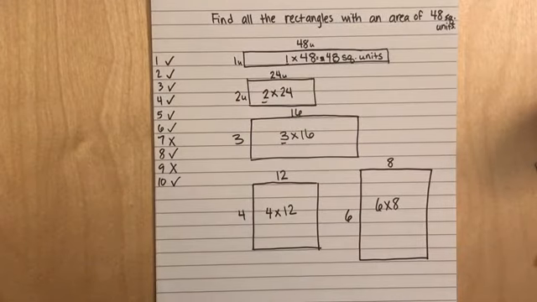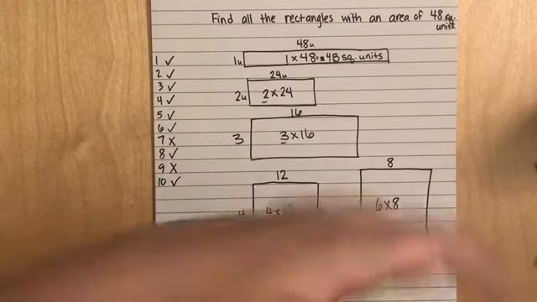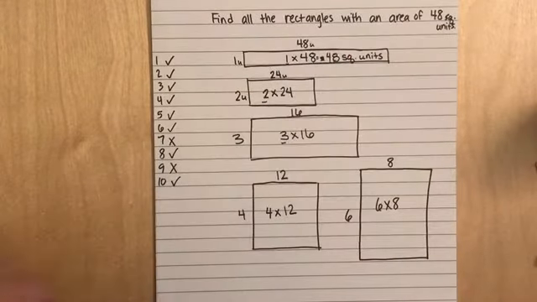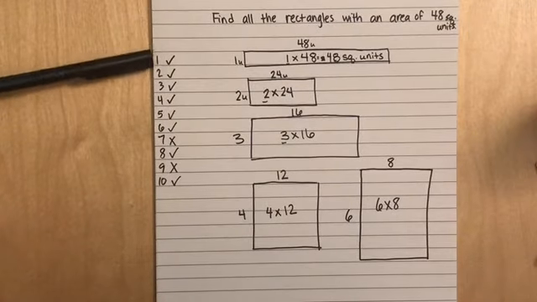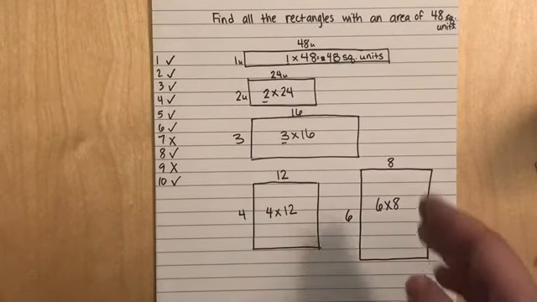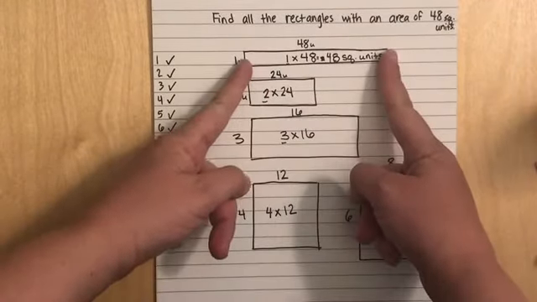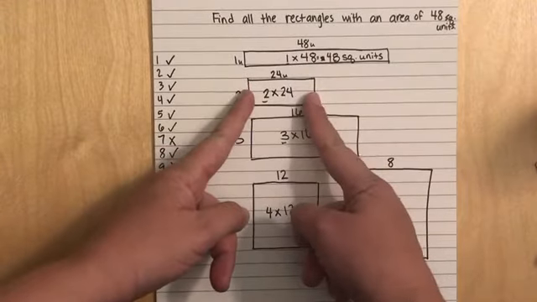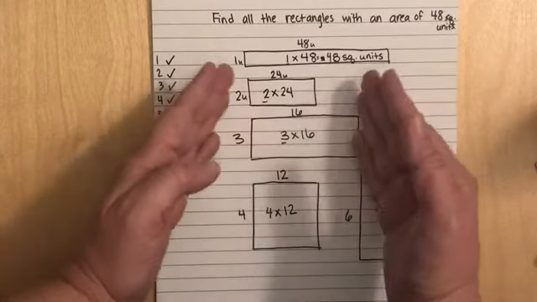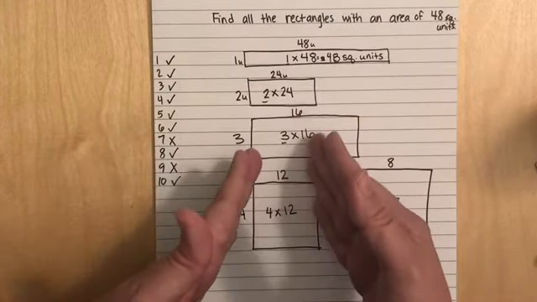Some of you are asking yourselves, why don't we go higher than 10 on our list, even for this huge number like 48? Well, just doing the 1 through 10 is perfect for what you guys do in 3rd grade, because each time that you go down the list with your factors, your rectangles are getting more and more narrow as you go. So this one gets cut in half to make 2 times 24. 2 times 24 becomes a little smaller to get to your 3 times 16.